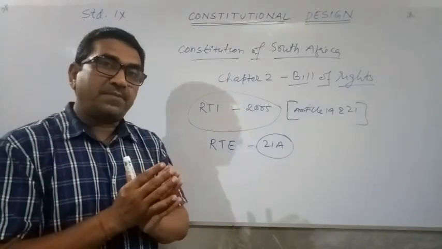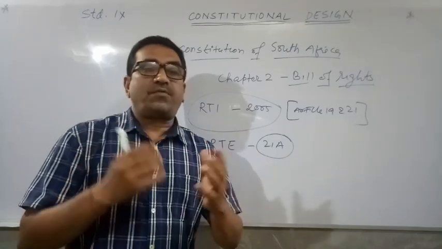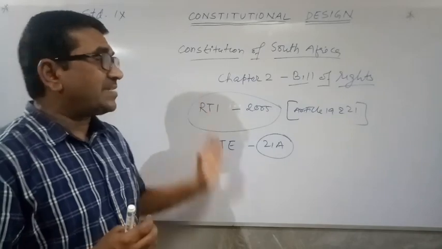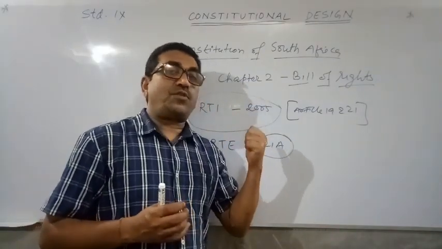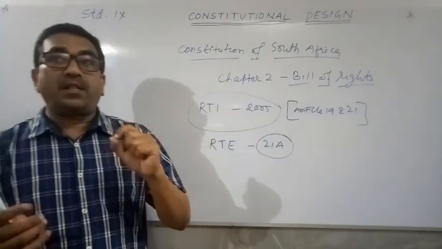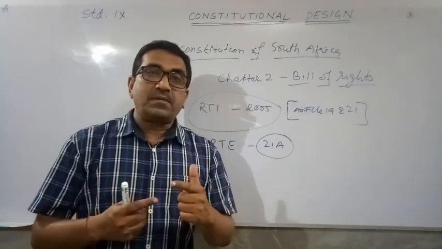We have to forget it, sweep it away and form a colorful South Africa. They made the colorful South Africa, and all the basic rights present in the constitution of South Africa are not found in the constitutions of other countries also. We have given you the example.